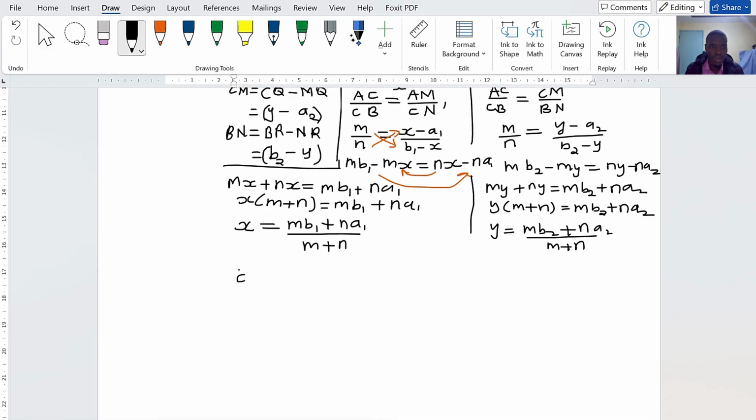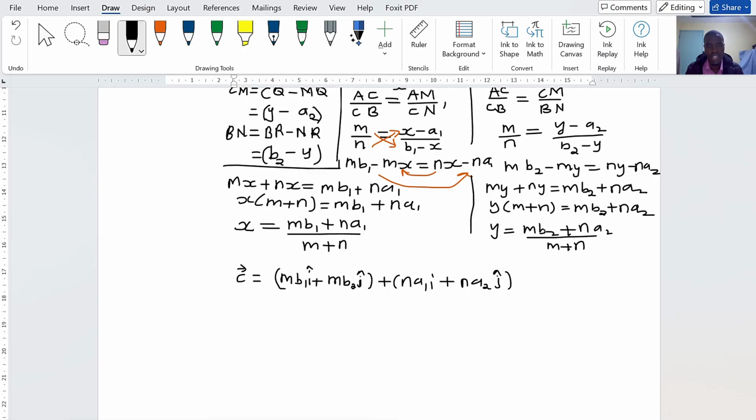Now our C vector will be equal to m b1 i plus m b2 j. Remember this is j, and this one is i. And then plus, you group the other one, n a1 i plus n a2 j. So I take m together.